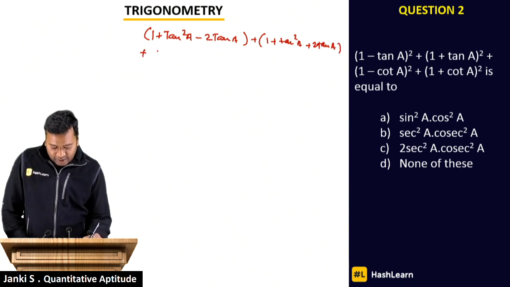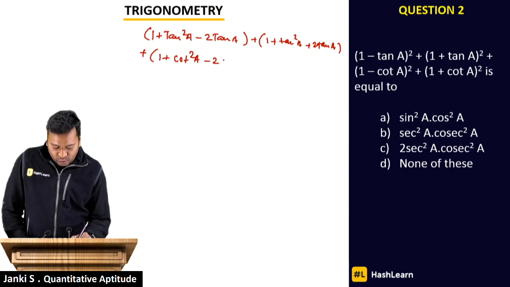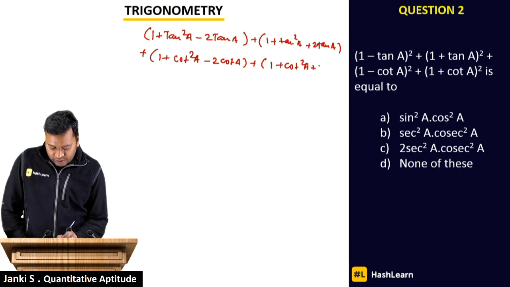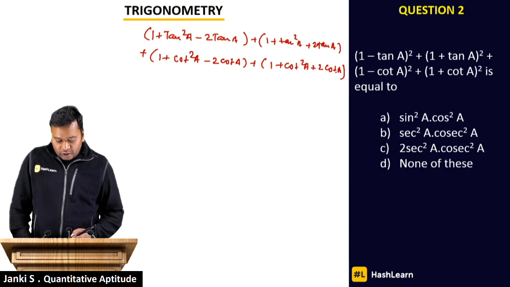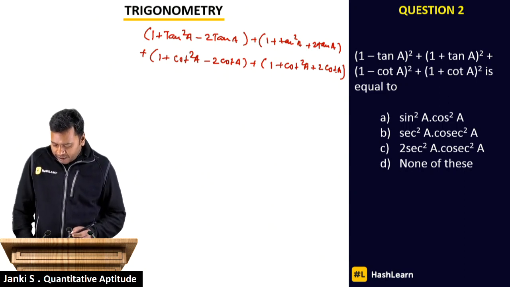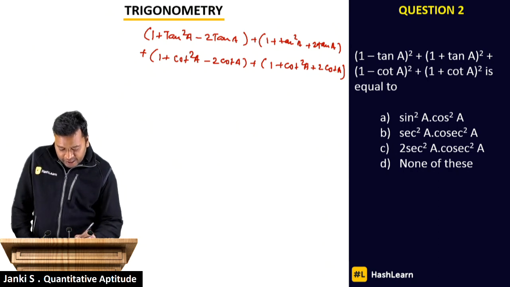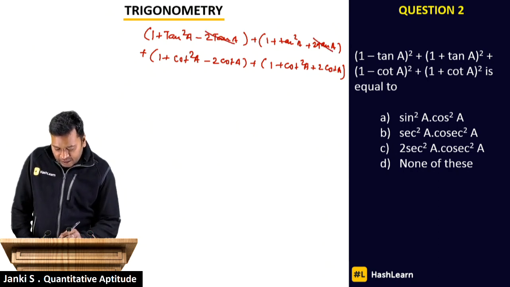Right? The next part is nothing but 1 plus cot square a minus twice of cot a, plus 1 plus cot square a plus twice of cot a, right? If we further simplify this part, you can definitely identify that I can cancel these values.